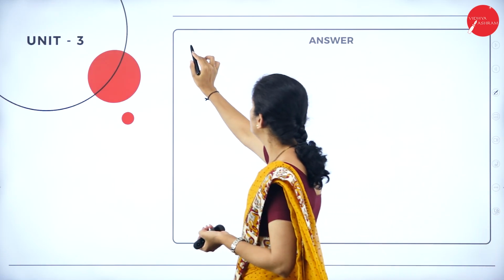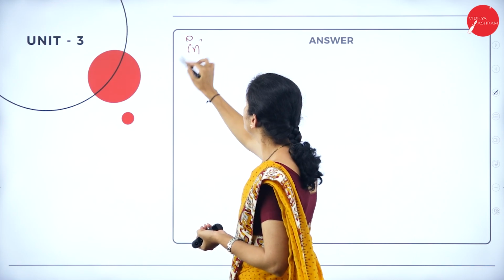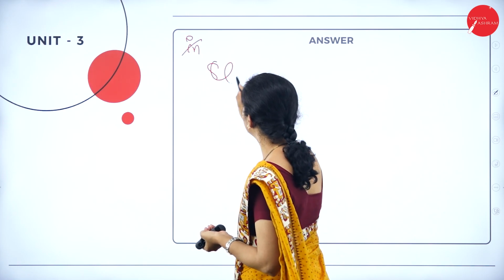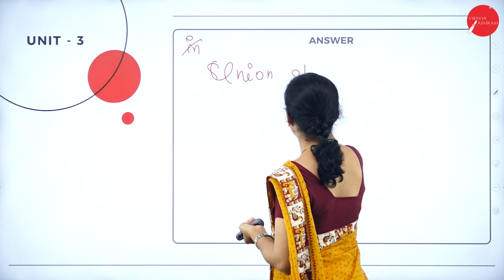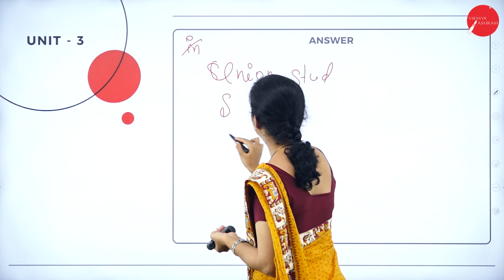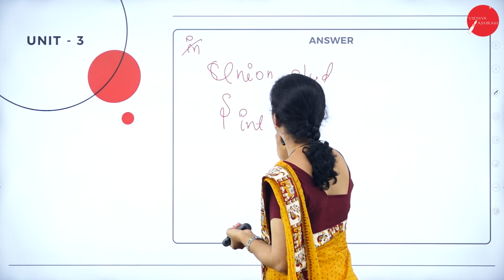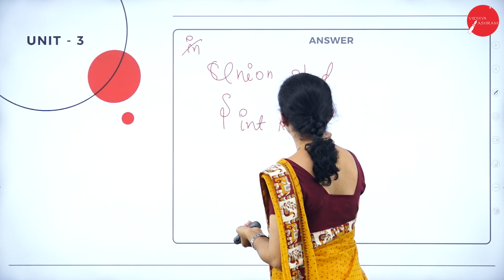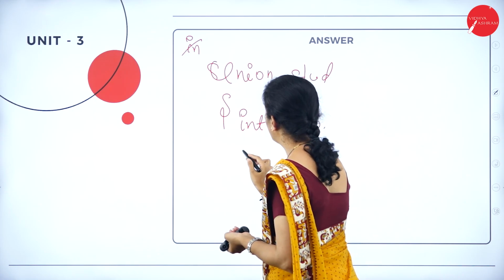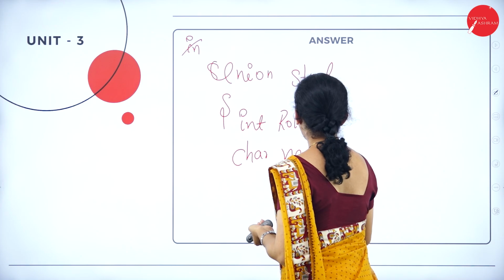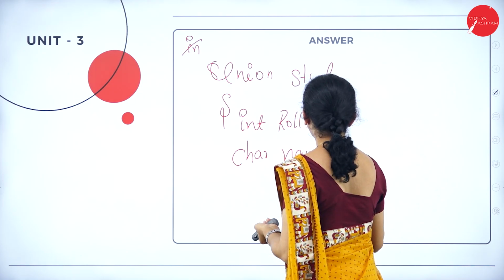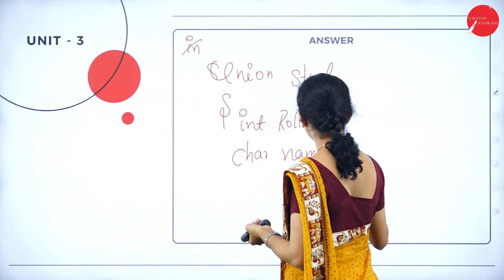For example, if I consider union stud, okay, int roll number and char name of 20. Then what's the memory allocation?